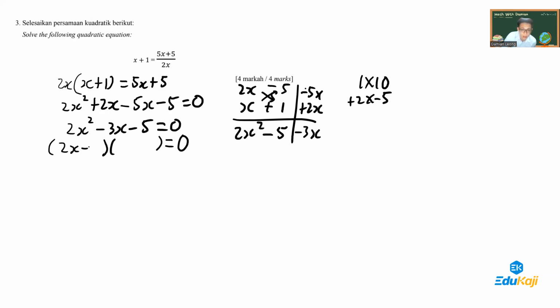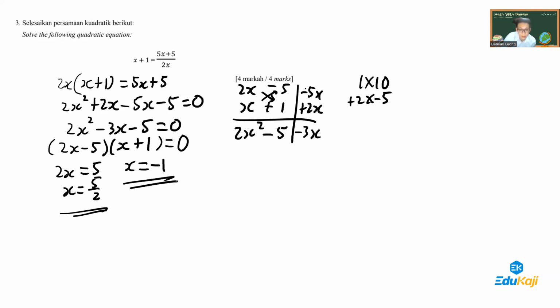So it's 2x minus 5, x plus 1. These two are the brackets. So either the first bracket equals 0, 2x is 5, x is 5 over 2, or x plus 1 is 0, x is negative 1. Two possible answers. There's no restriction here for the value of x, so both answers have to be there.